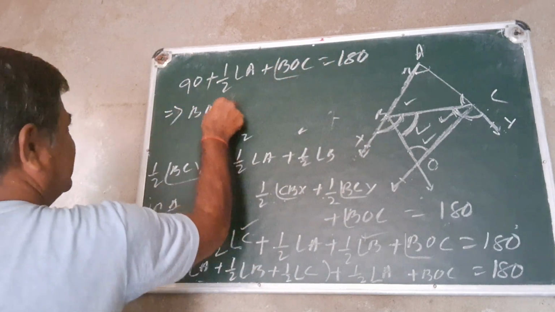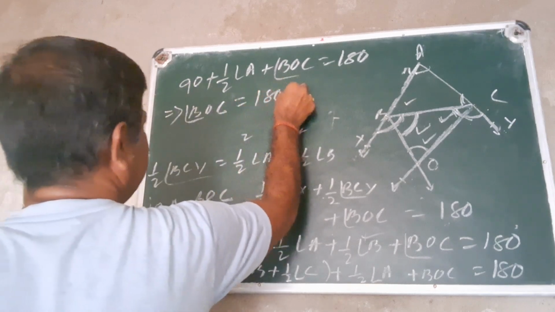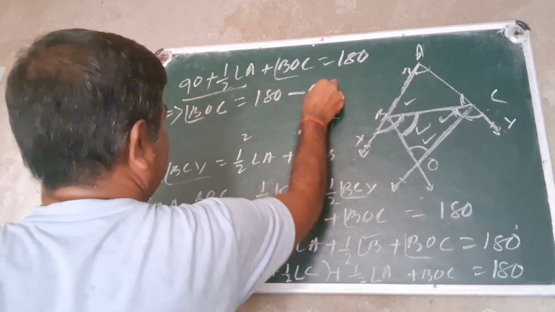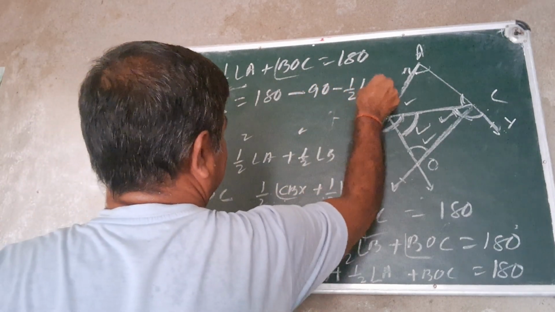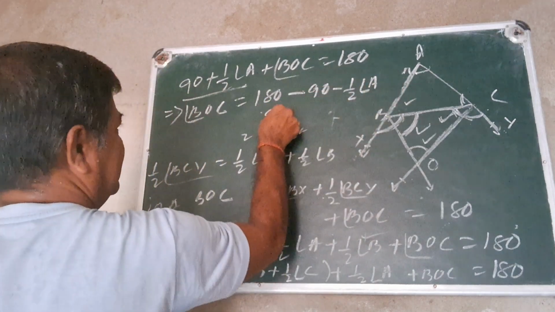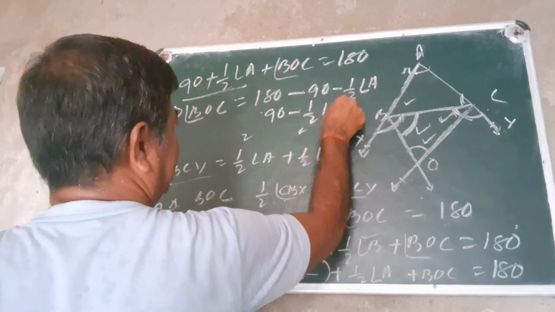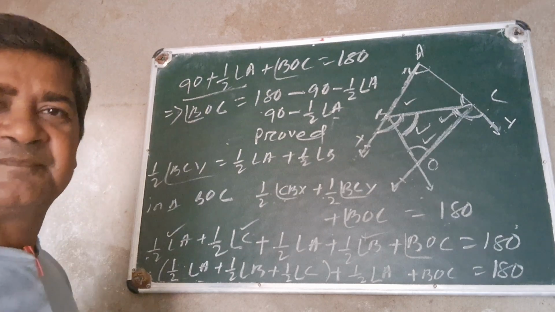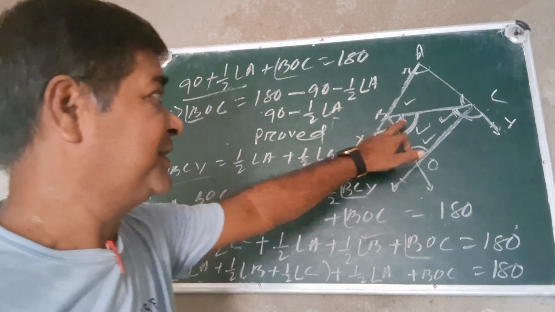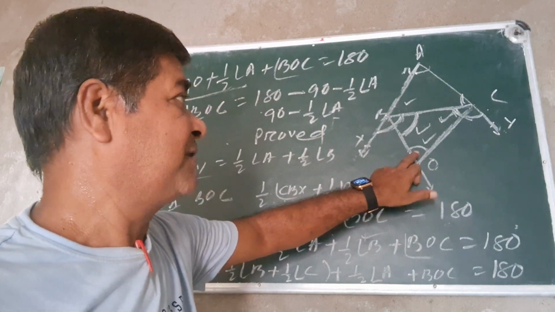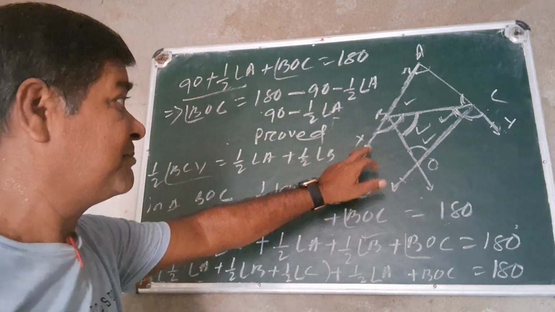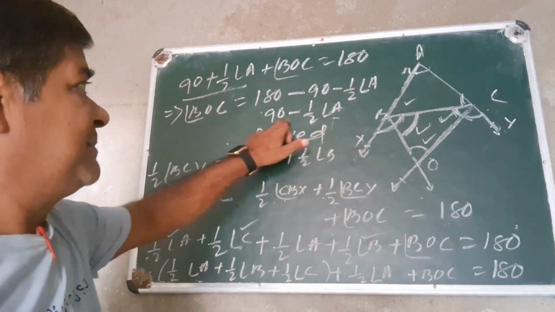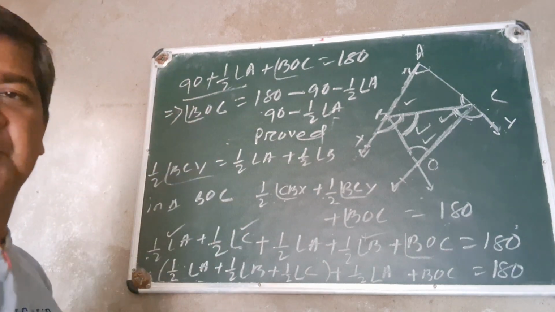That implies BOC equals 180 minus 90 minus half A, which is 90 minus half A. Proved. Yes or no? So this angle BOC equals 90 minus half A. Finished. Number 3 complete.